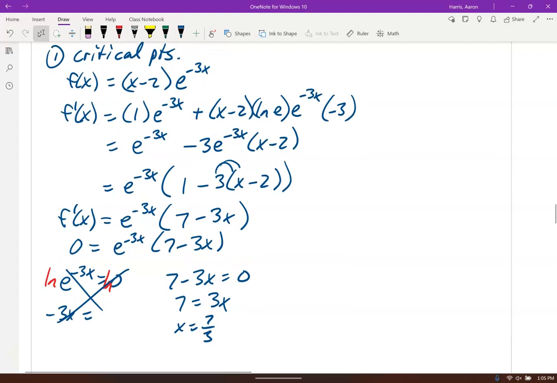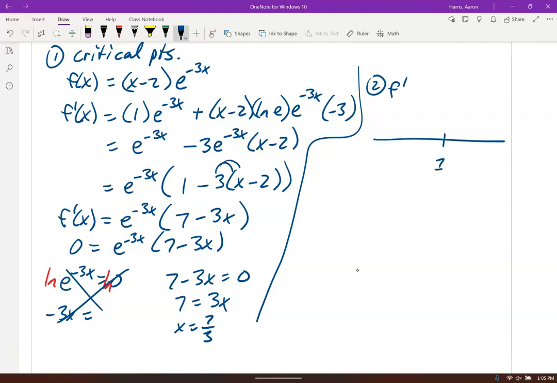So we're doing the test now. F prime test, so 7/3. Let's plug in something to the left of 7/3, into our derivative here, e to the negative 3x times 7 minus 3x. Again, this is the first derivative test.